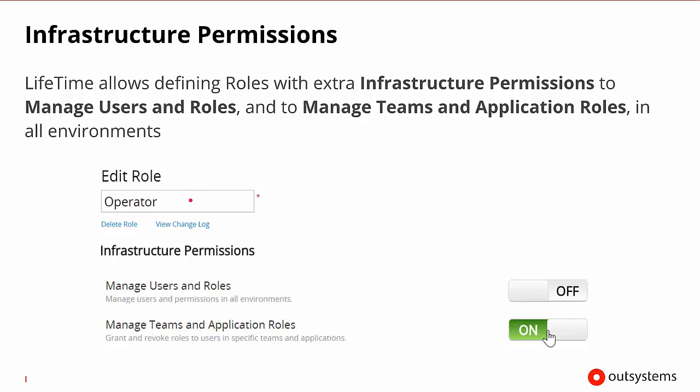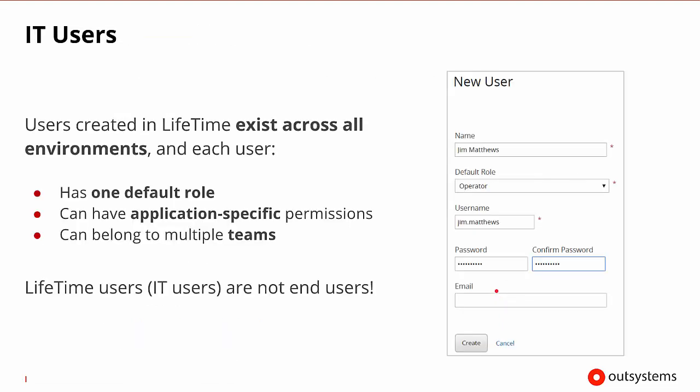So here we can see the operator. When we look at its infrastructure permissions, they are not allowed to manage users or roles, but they are allowed to manage teams and those teams' application roles. So here they've been granted some of the infrastructure permissions, but obviously not all.